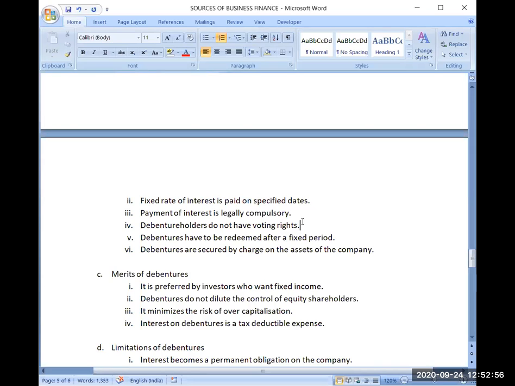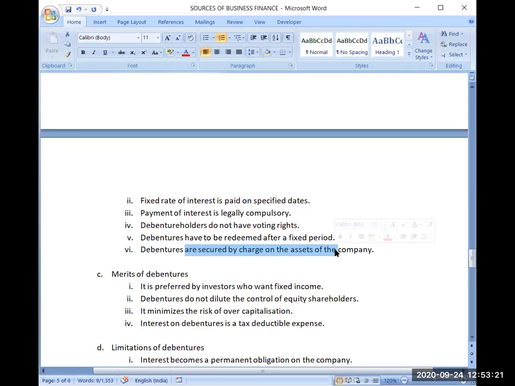Debentures are secured by charge on the assets of the company. Now this is a very technical term, secured by charge on the assets of the company. Now what does it mean? See, a few minutes back I told that whenever you are borrowing any loan, you are generally supposed to furnish some security for the safety of that loan amount.